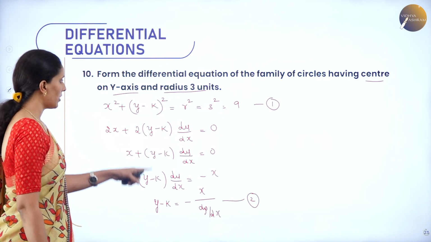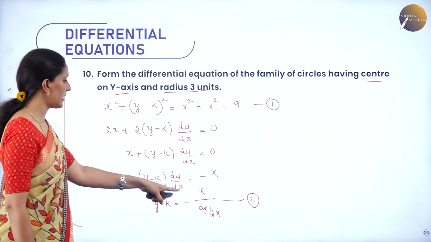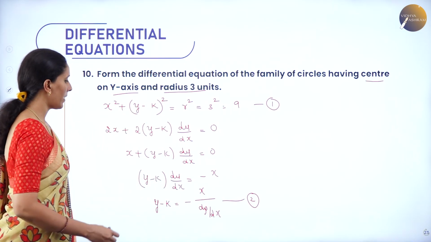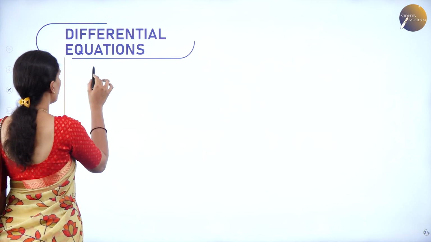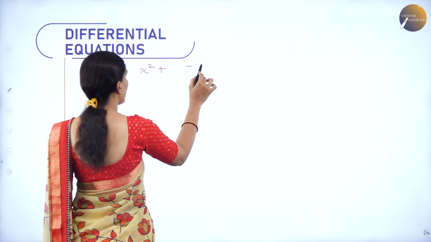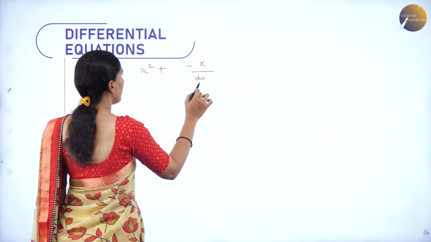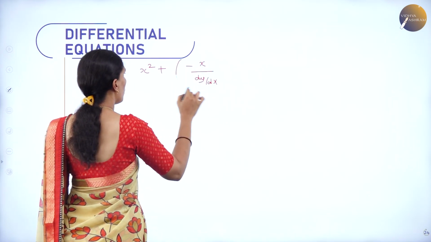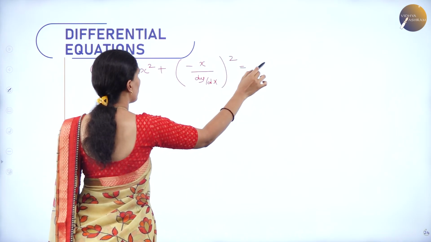So, look at equation 1. Let me replace y minus k by minus x divided by dy by dx. Then equation 1 implies x square plus minus x divided by dy by dx whole square is equal to 9.